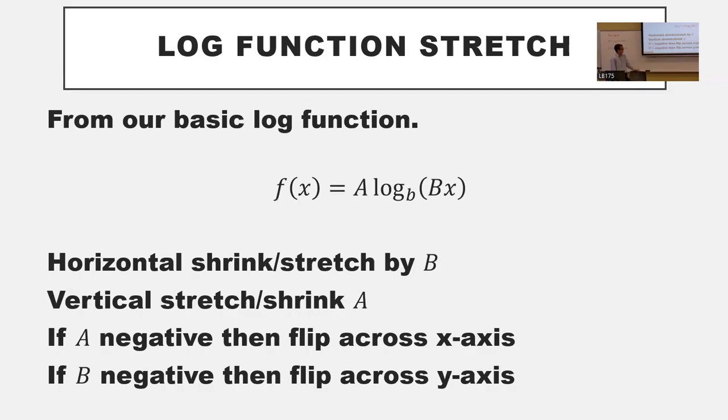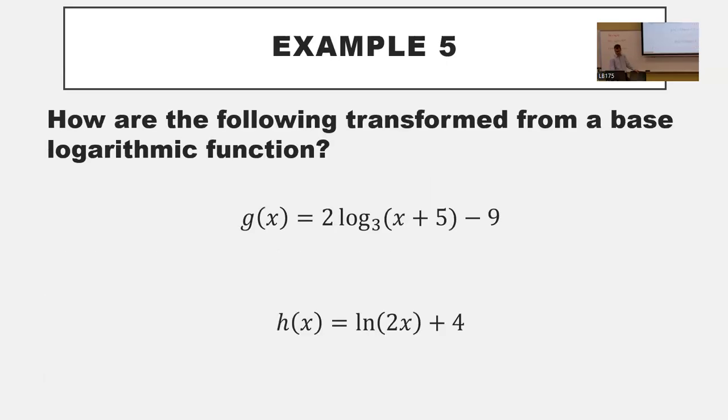If A is negative, then it's a flip across the x-axis. If B is negative, flip across the y-axis, et cetera, et cetera. So we can do all the transformations to our base log function.